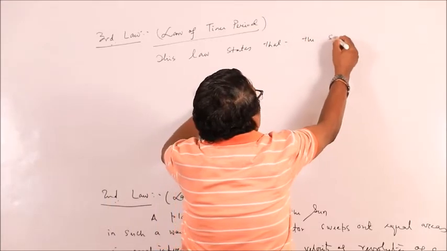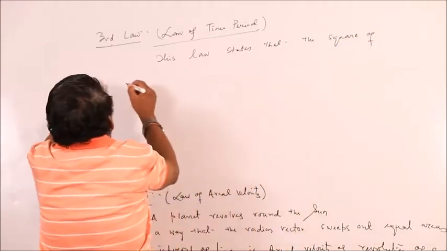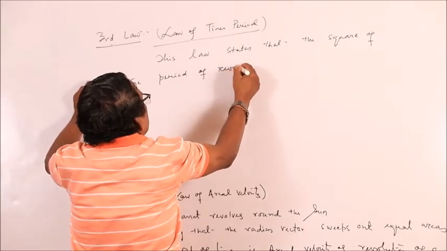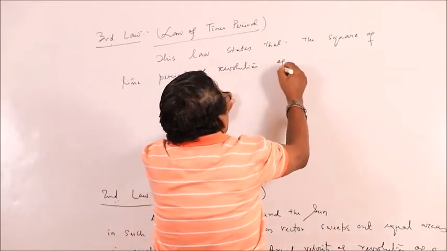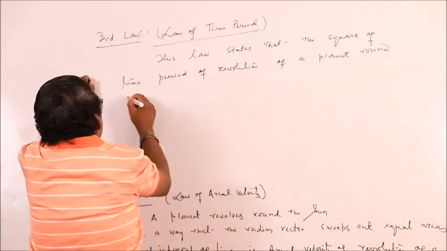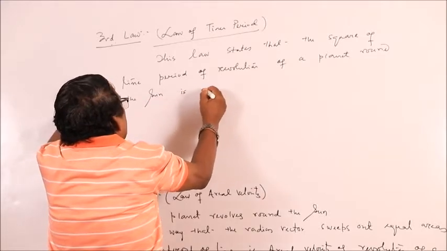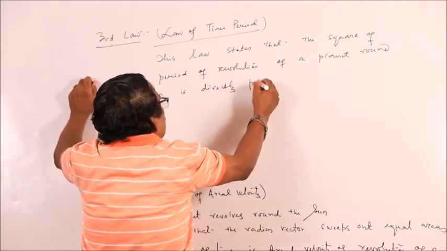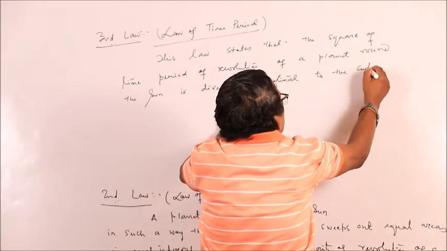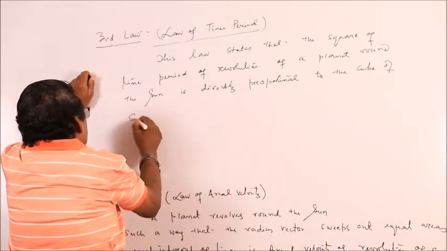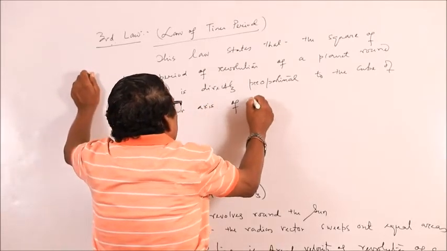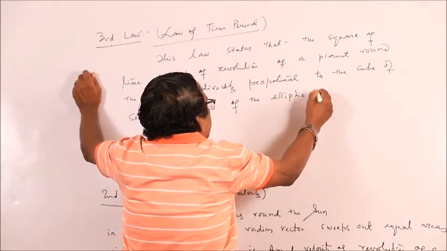This law states that the square of the time period of revolution of a planet around the sun is directly proportional to the cube of the semi-major axis of the elliptic orbit.